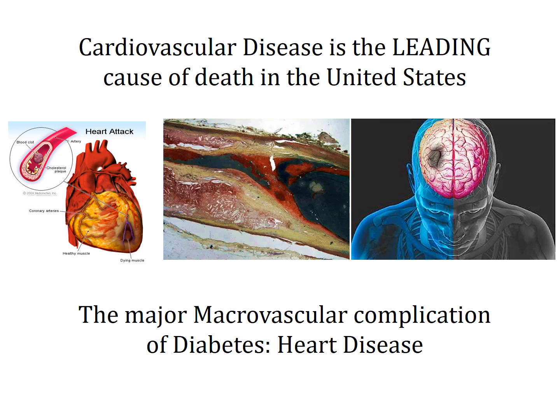You can see that atherosclerotic plaque in the middle there, occluding that artery. Complete occlusion of those arteries can lead to heart attack, can lead to stroke. Again, the most common cause of death in the US, and a primary and extremely important risk factor in cardiovascular disease is diabetes mellitus.